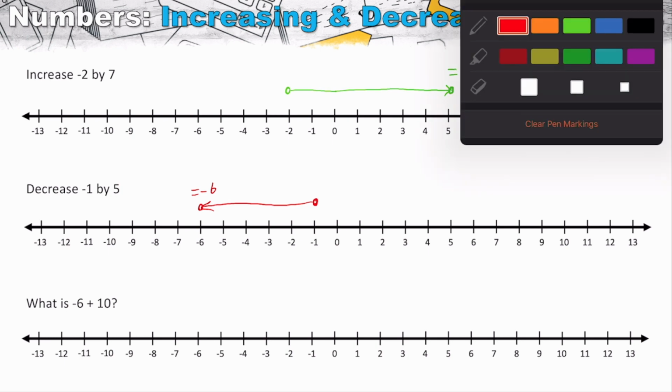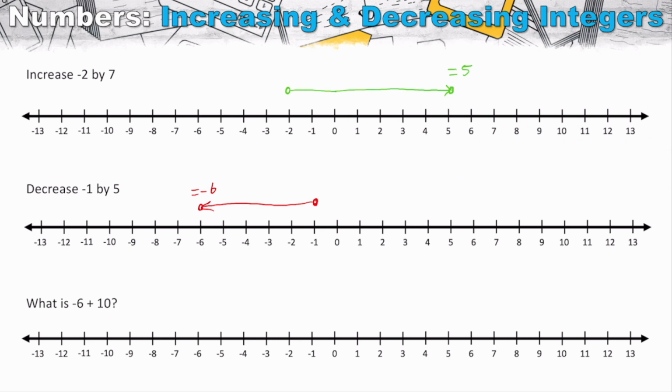So what we need to do is we need to find -6 on our number scale, and we need to move -6 10 spots to the right, which means that it arrives at 4. So what we can see is -6 plus 10 arrives at +4. And that's how we increase -6 by 10. It's just another way to think about that problem.